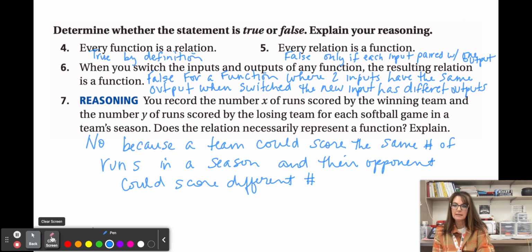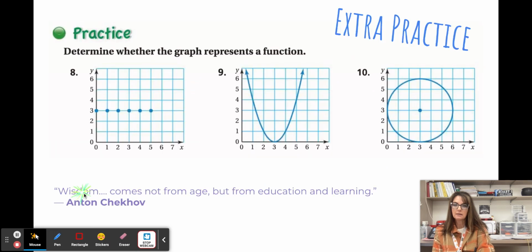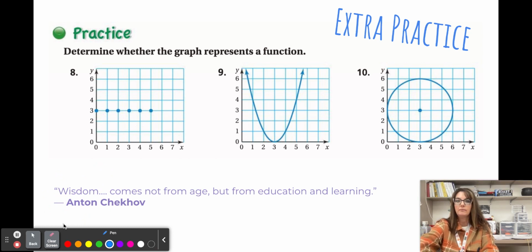I'm going to clear the screen. All right, now let's do the vertical line test. Determine whether a function or the graph represents a function. So again, you kind of draw some vertical lines here. I'll change the color here. At any point, is the line touching 2 or more?